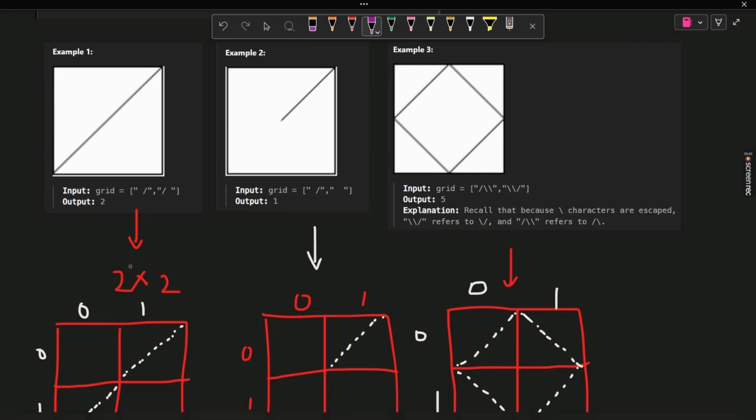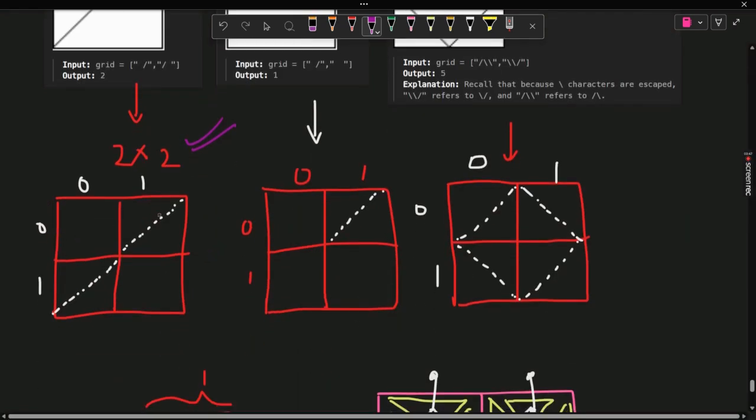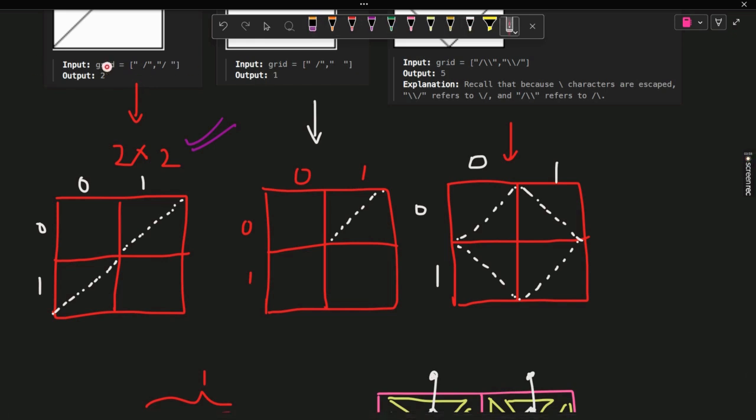So in this test case, the grid was 2 cross 2, right? I represented this 2 cross 2 grid like this. In the first row, the first cell was blank, as you can see, and then the second cell, that is 0 comma 1, contains the forward slash.